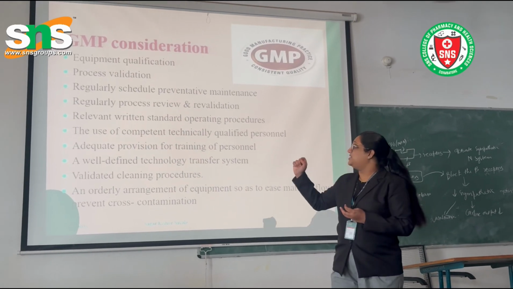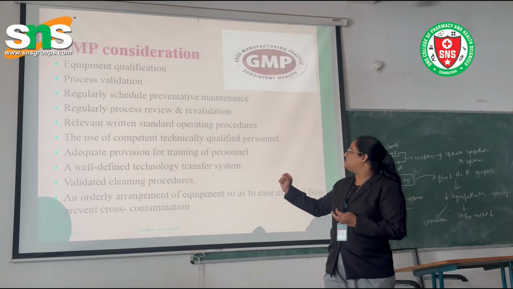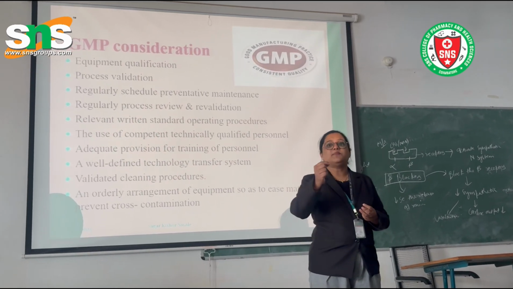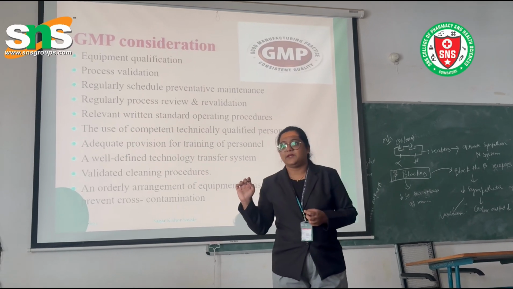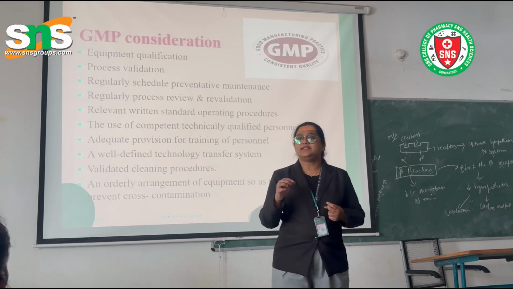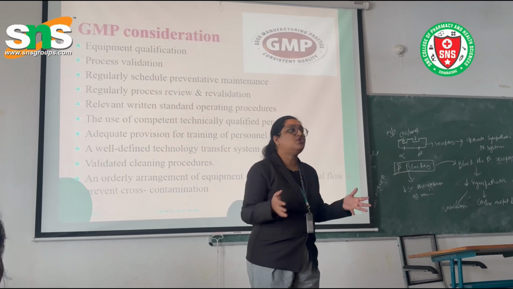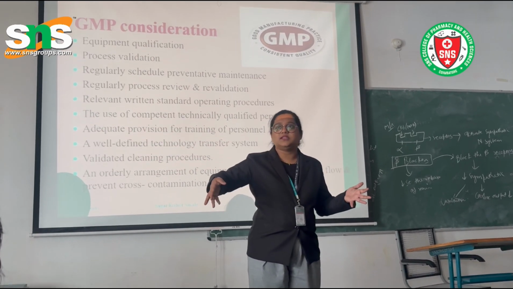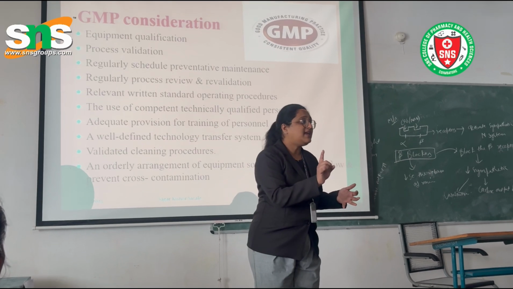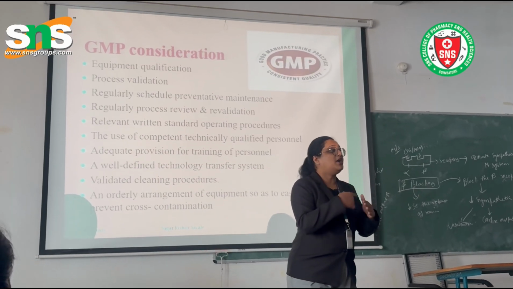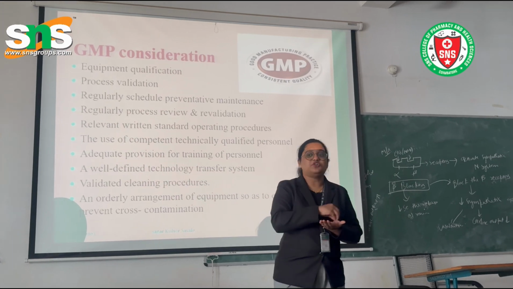Coming to the next one, regular process review and revalidation. For example, your compression machine is there, and you are not using it for one month. You should not leave it like that without using. You should go and check whether the punches are moving properly.